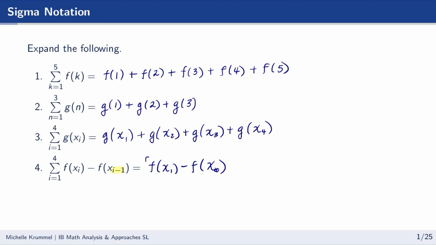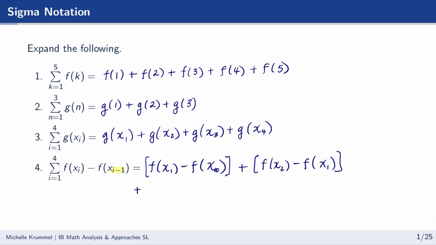Okay, this is the first term when we expand this summation. Now we're going to increase the value of i by 1, so we're going to let i equal 2, and we're going to evaluate this expression here when i equals 2, plus. So it's f of x sub 2 minus f of x sub 2 minus 1, so x sub 1.